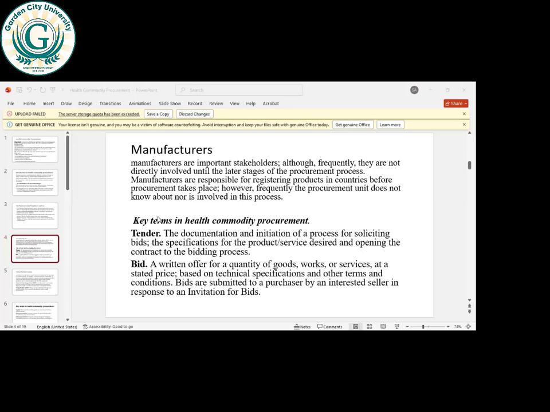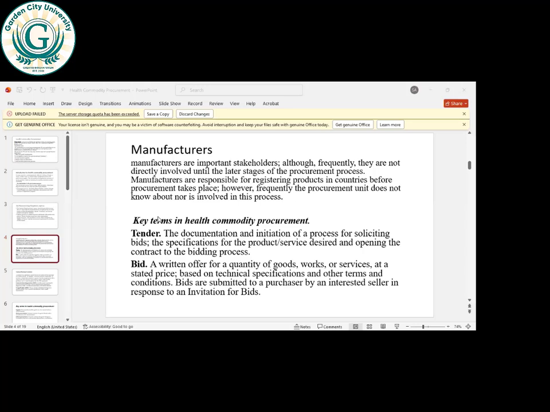It's an offer. You give an offer to suppliers to respond. So in their response, the bid becomes their response. So as the buyer signs the tender document, then the seller bids the contract.